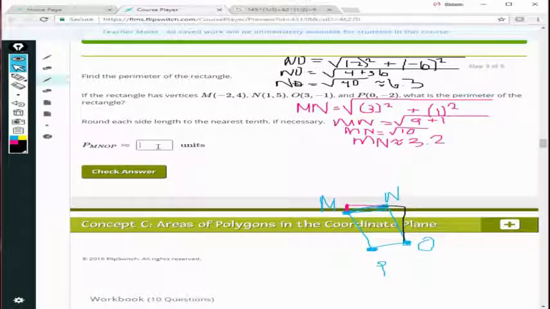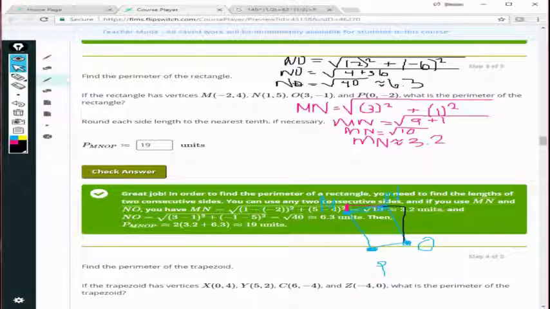So we're going to have 6.3 plus 6.3, that's our 2 long sides, plus our 2 short sides, 3.2 plus 3.2. That equals 19. So I'm going to come back over here and type in 19, check answer. Alright, there we have it.